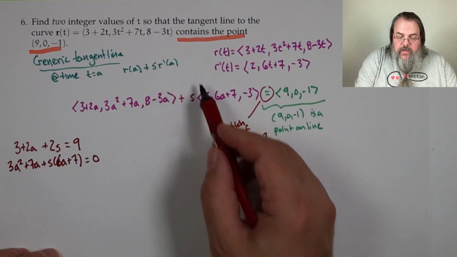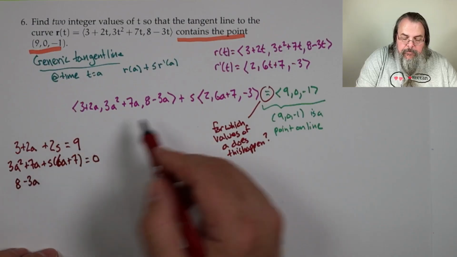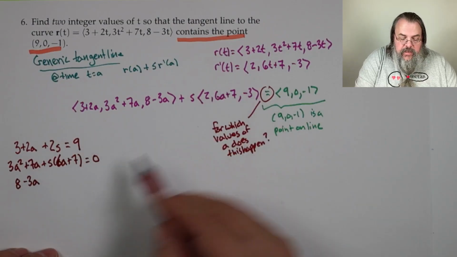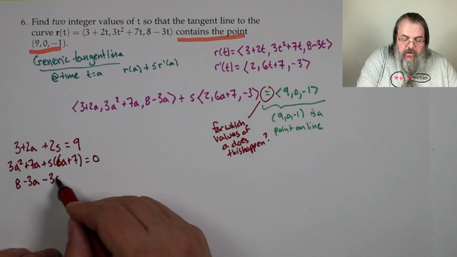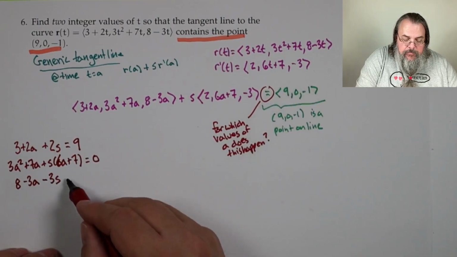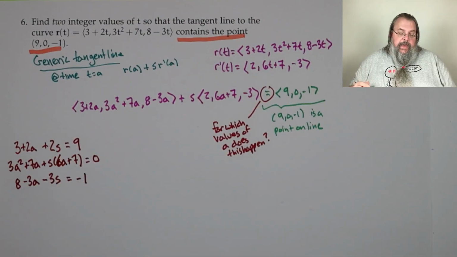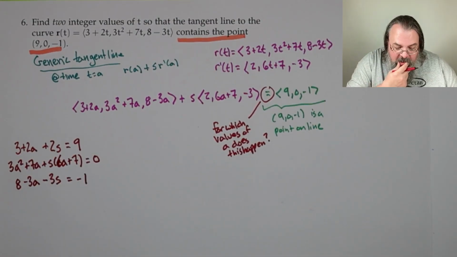And the last one, 8 minus 3a minus 3s, it has to equal minus 1. Okay. Good.